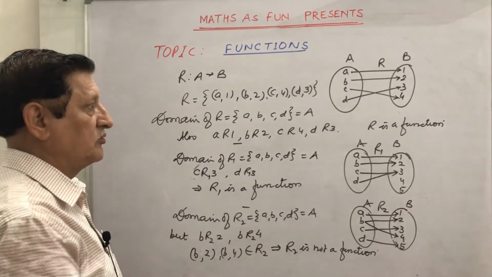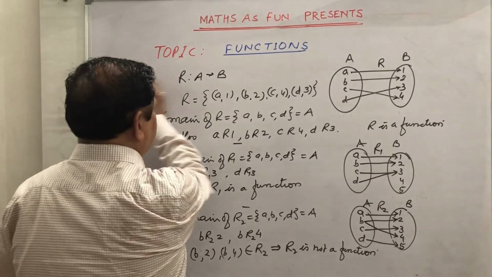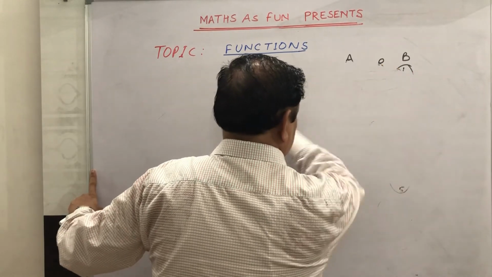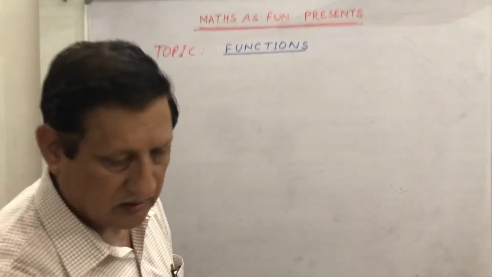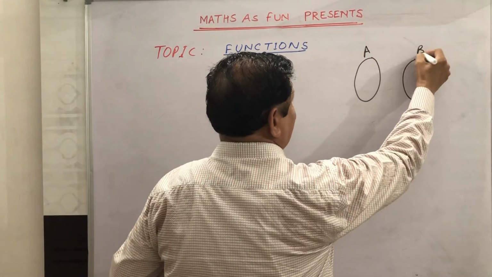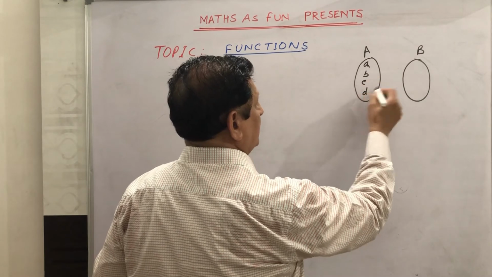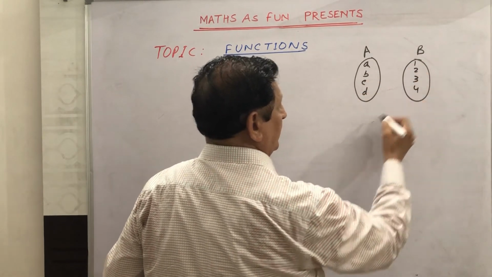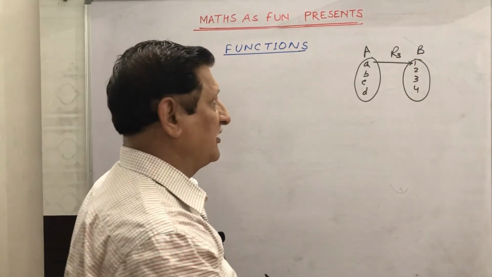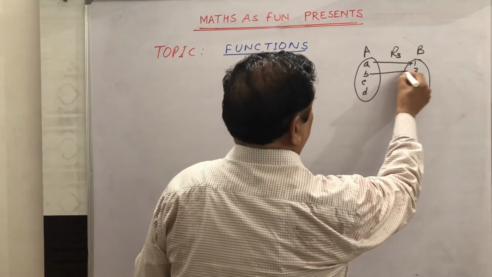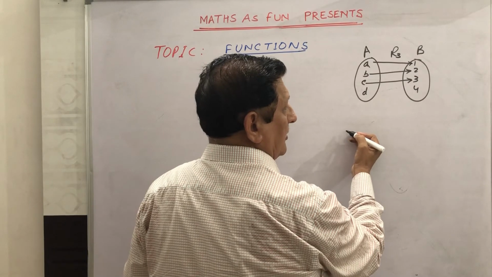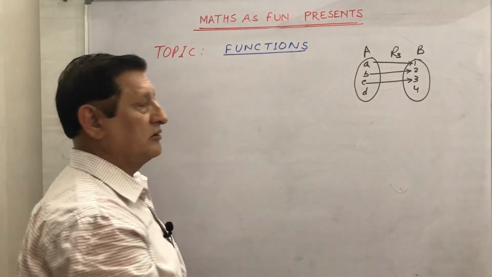It must be a bit clear to you. Let's take some more examples. I'll take one more. Suppose A is here, B is another set. We have a, b, c, d likewise, and 1, 2, 3, 4 here. For the relation R3 we are defining, a is related to 1, b is related to 2, c is related to 3, but d is not related to anyone.